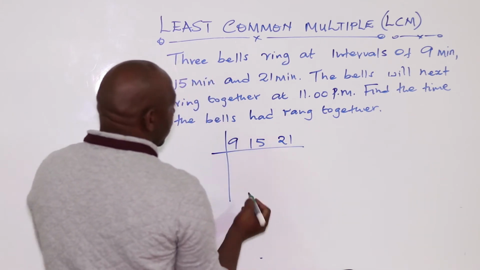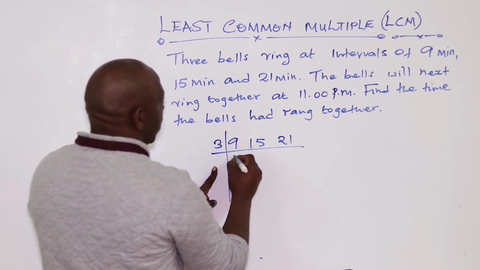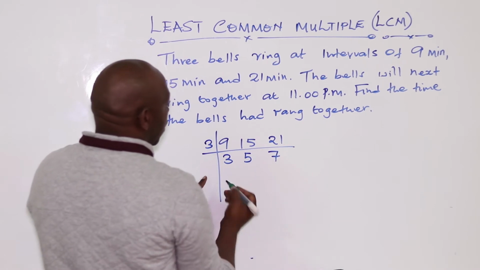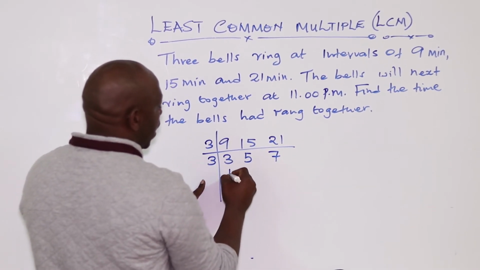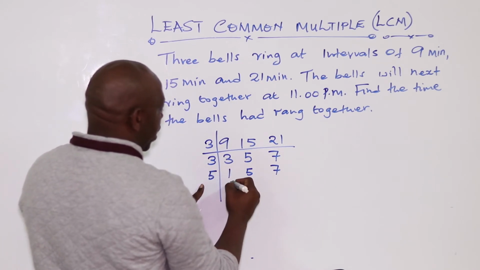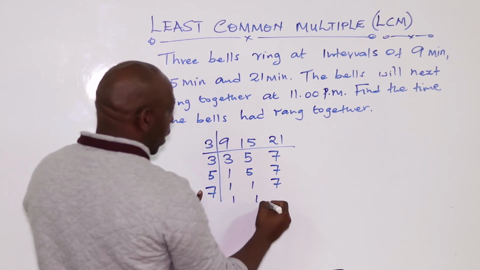So the LCM, start by dividing by the common factor here, 3, to get 3, 5, 7. By 3, you get 1, 5, 7. By 5, you get 1, 1, 7. By 7, you get 1, 1, 1.